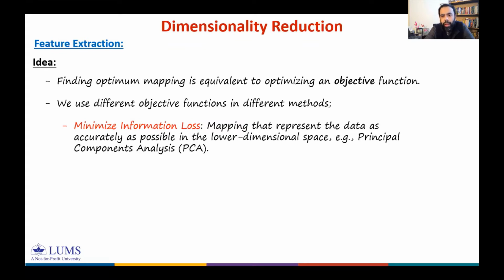When you talk about methods in which we minimize information loss, these methods represent the data as accurately as possible in the lower dimensional space. That means we have a representation of data in this space, and we have a representation of data in the higher dimensional space, right?